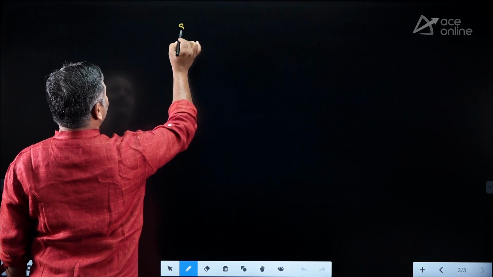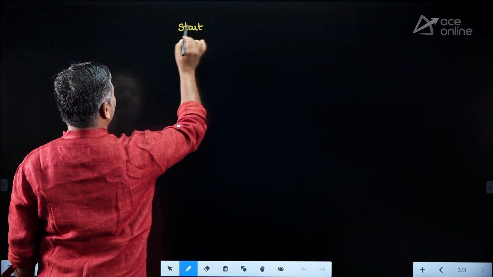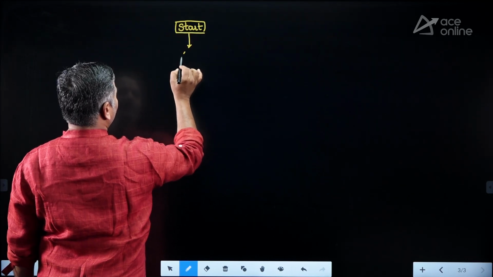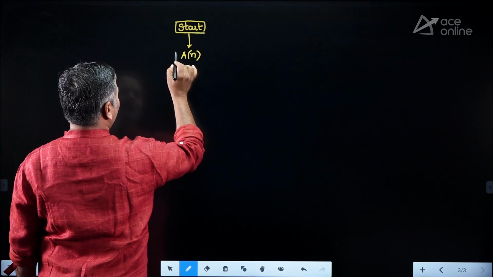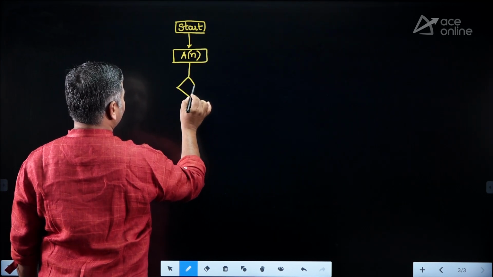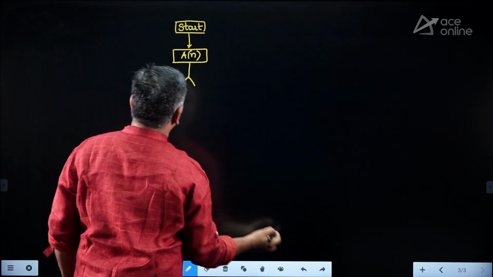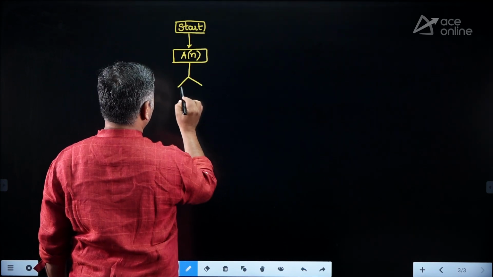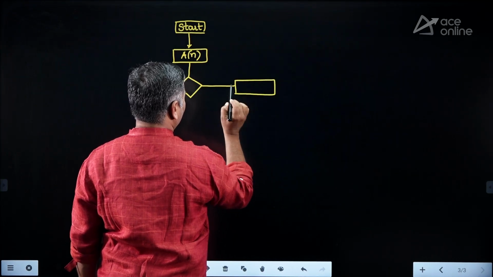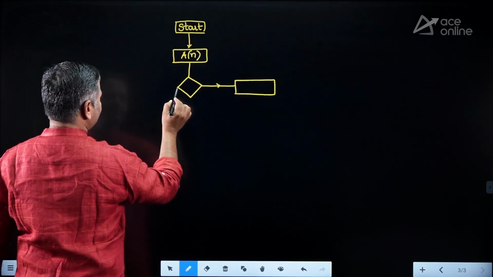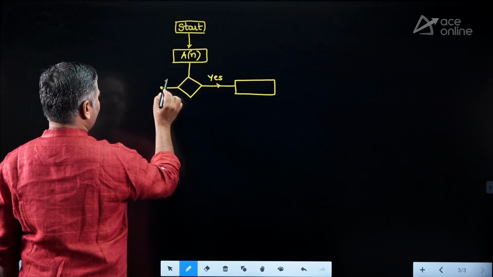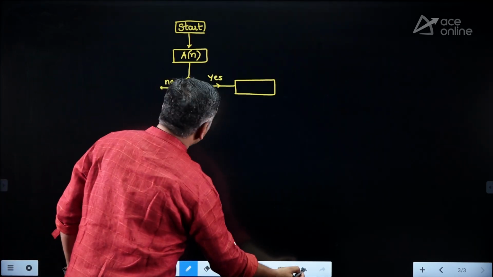Okay, so there is a flow chart. They have drawn the flow chart like this. Here there is a recursive function A(n). Have you remembered this problem, friends? There is a conditional operator. Suppose if it is yes, you have to move in this direction. If it is no, you have to move in this direction. Like that they mention the flow chart.